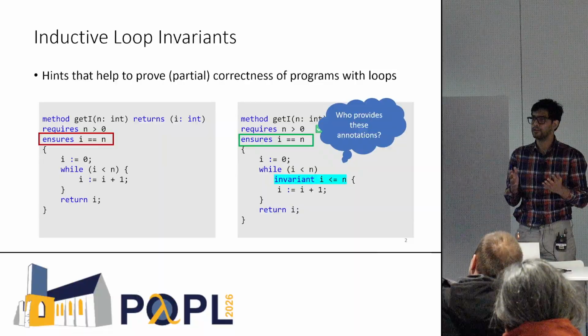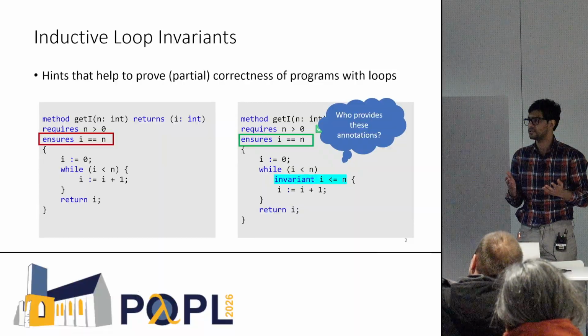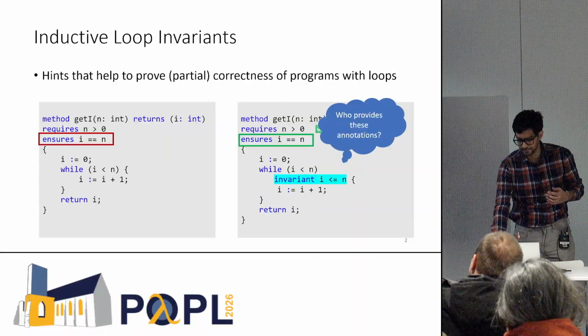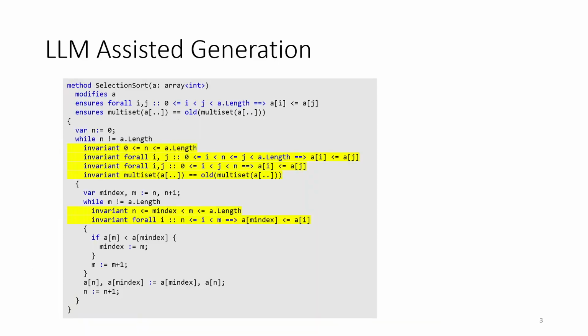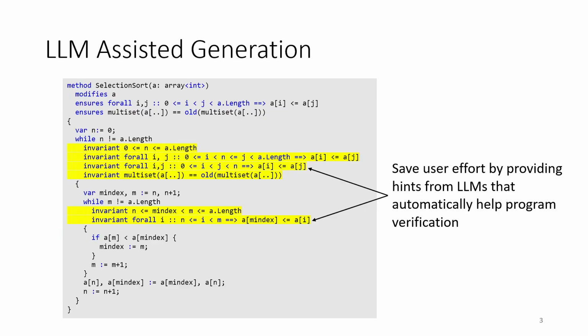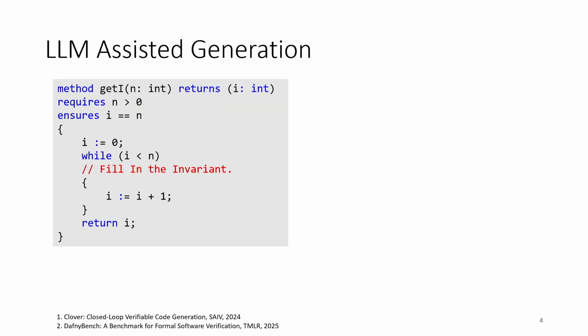Now, the question is who actually provides these annotations. Currently, it is done by the developers themselves, but as you can see, providing these annotations can be quite time consuming, and it's also not that easy. So this is where the LLMs come into the picture, and we can use an LLM to generate these annotations.